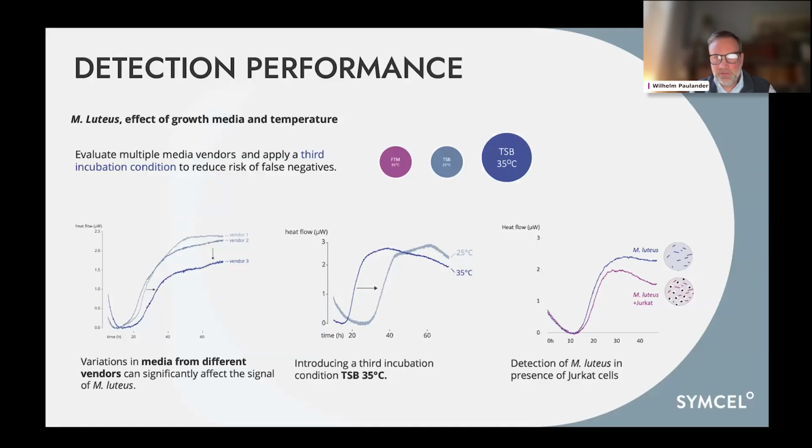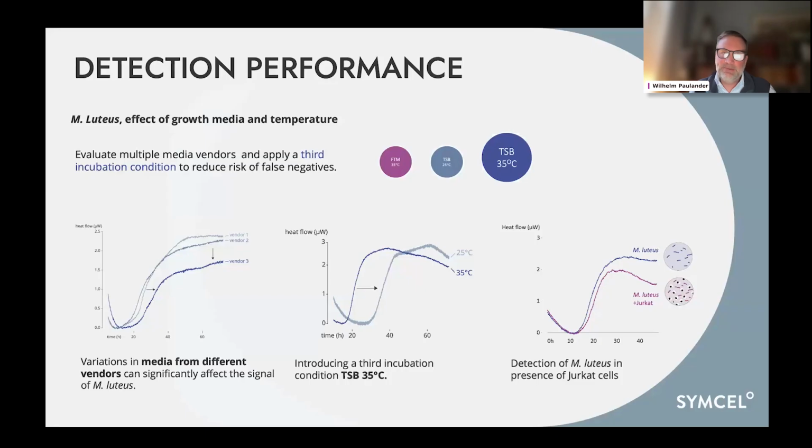On the slide, there are three figures, and if you start from the left, we can see the effect of optimization and using different growth media vendors. We can see that depending on what growth media you use, you can have a very large effect on the metabolic output, so the signal that we are measuring. We are looking at this as heat flow, and we're measuring it in microwatts. So that's the metabolic output that we measure from the microorganism.